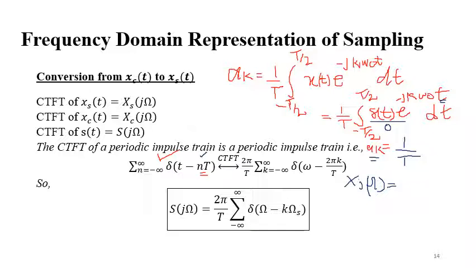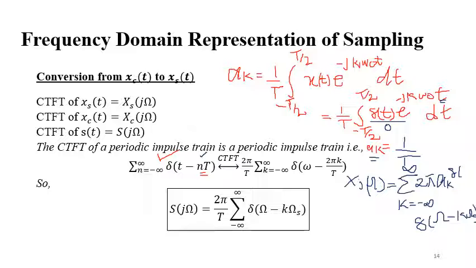We have the equation: summation, k running from minus infinity up to infinity, 2 pi times a_k times the impulse of capital omega minus k omega naught.